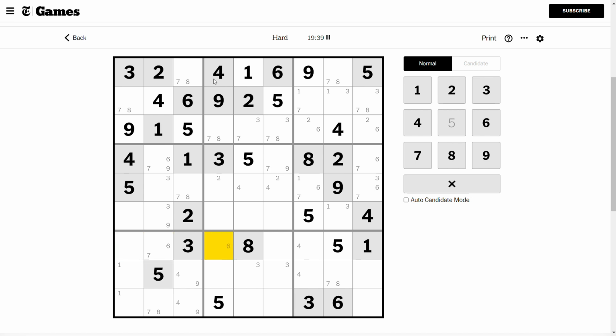And this cell also sees 4 and 9. So in row 7, only these two cells are available for 4 and 9. Actually, it's even more straightforward because this cell also sees 9. These two cells cannot contain 9, this cell sees 9, and this cell also sees 9, and 9 is still missing from row 7.